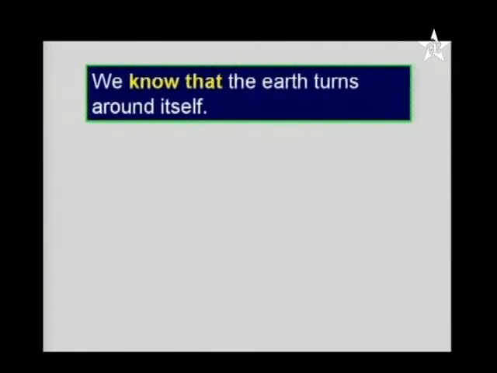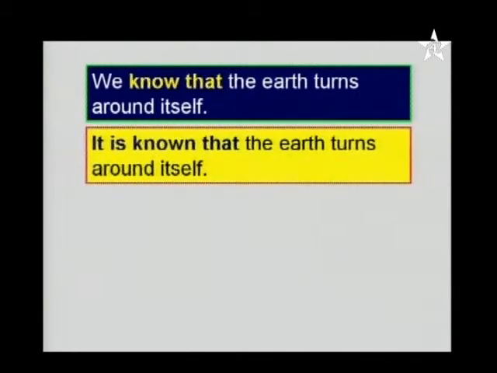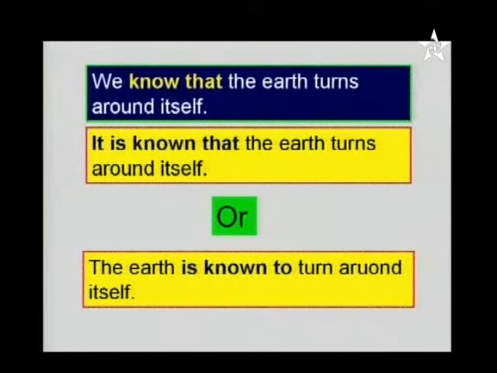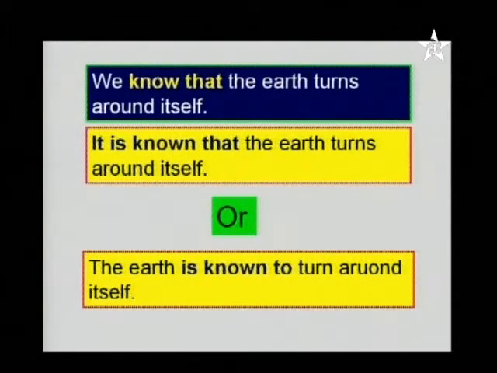Maybe one last example: we know that the earth turns around itself. Impersonal passive: it's known that the earth turns around itself. Bear it in mind that there is no change in the conjugation of the verb when we use the impersonal passive. Or we can say more commonly, the earth is known to turn around itself.